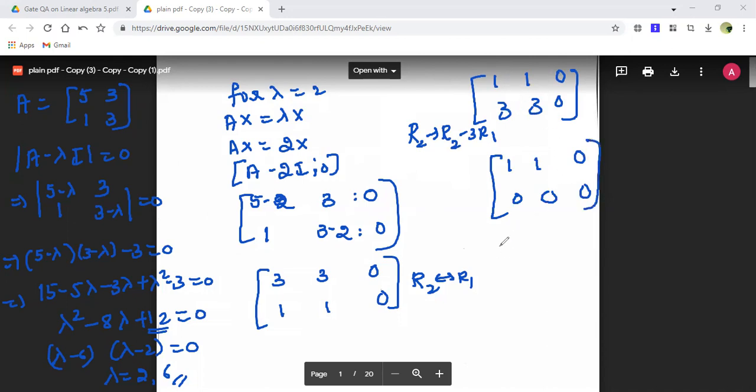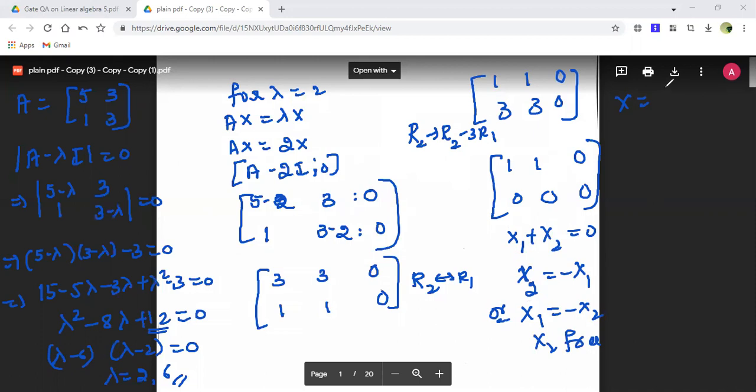So clearly, guys, if I write the solution, I get x1 plus x2 equal to 0. Here you can write either x1 is equal to minus x2, or x2 is equal to minus x1. Anything you can write. Say x1 is equal to minus x2, and x2 is a free variable.